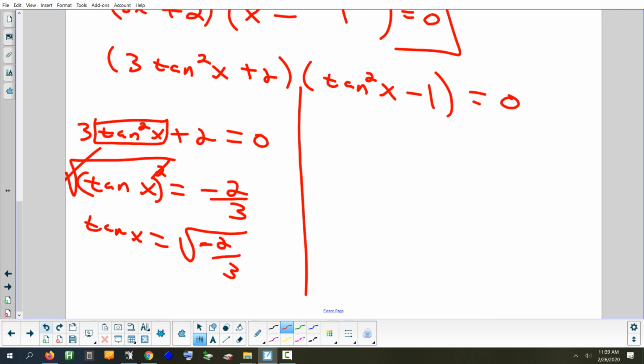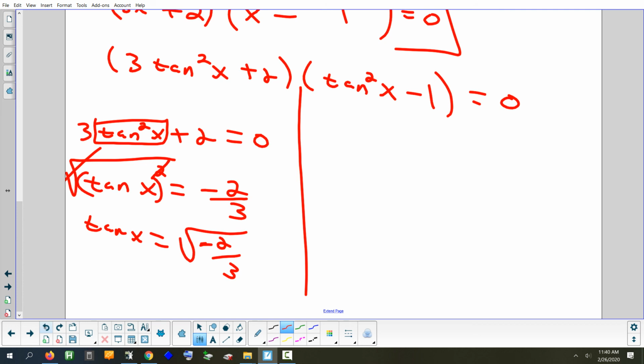You would take inverse tangent, but how come I can stop at this step? I don't need to keep going for this side. What happened there? Because you can just plug it into the calculator and see when it equals the square root of negative thirds. You can try.